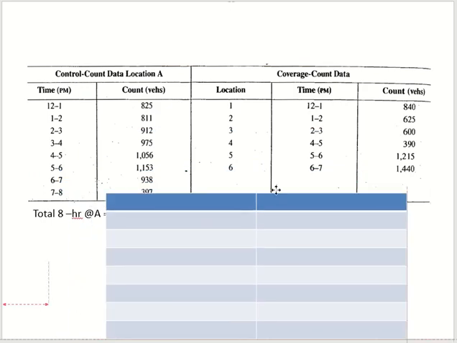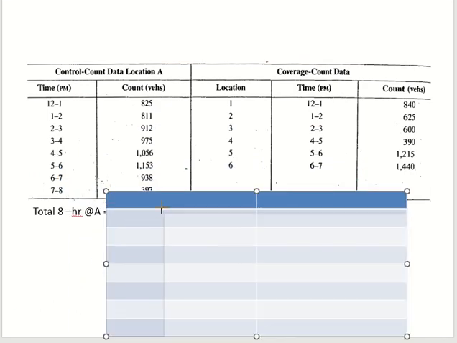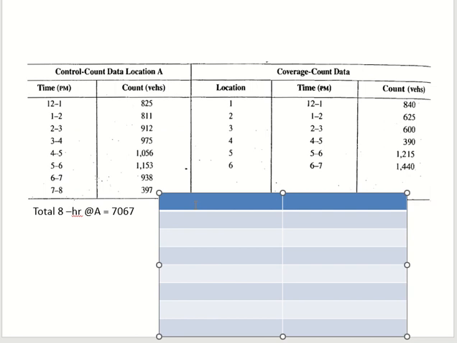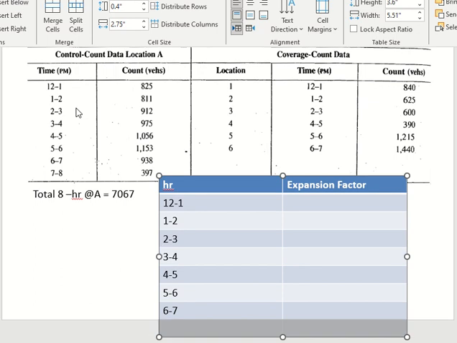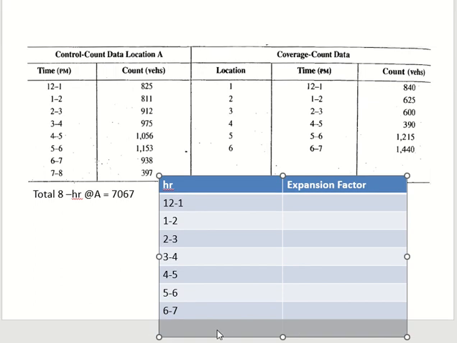Let me put it over here. For every hour I need to calculate an expansion factor. My hours are 12 to 1, 1 to 2, 2 to 3, 3 to 4, 4 to 5, 5 to 6, 6 to 7, 7 to 8.